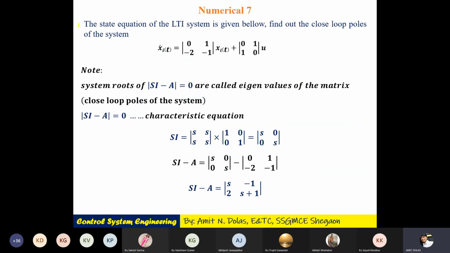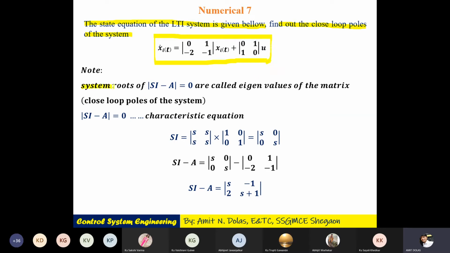Then numerical number 7. The state equation of an LTI system is given below. Find out the closed loop poles of the system. Now the thing is reverse: the equation is given and you have to find the poles of the system, that is S1, S2, S3, whatever.